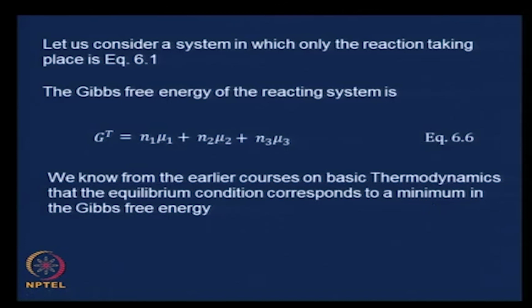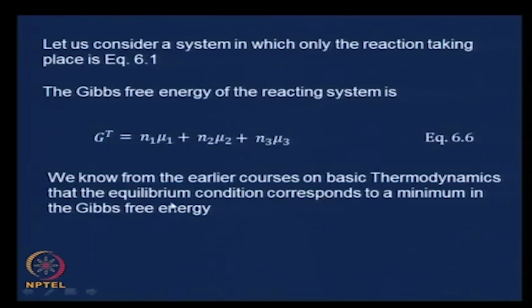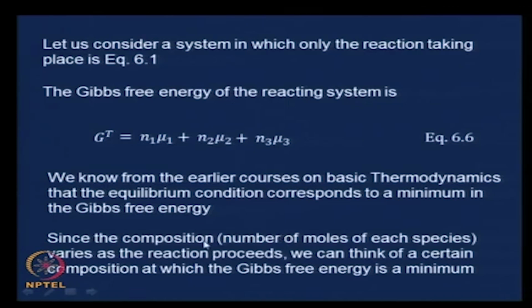And now we know from either chemistry courses, the thermodynamics aspects of chemistry courses, or some specific courses that you would have taken earlier, that the equilibrium condition corresponds to a minimum in the Gibbs free energy. I am just going to take this directly from whatever we know earlier, that a minimum in Gibbs free energy occurs at equilibrium. Since the composition or the number of moles of each species varies as the reaction proceeds, we can think of a certain composition at which the Gibbs free energy is a minimum.